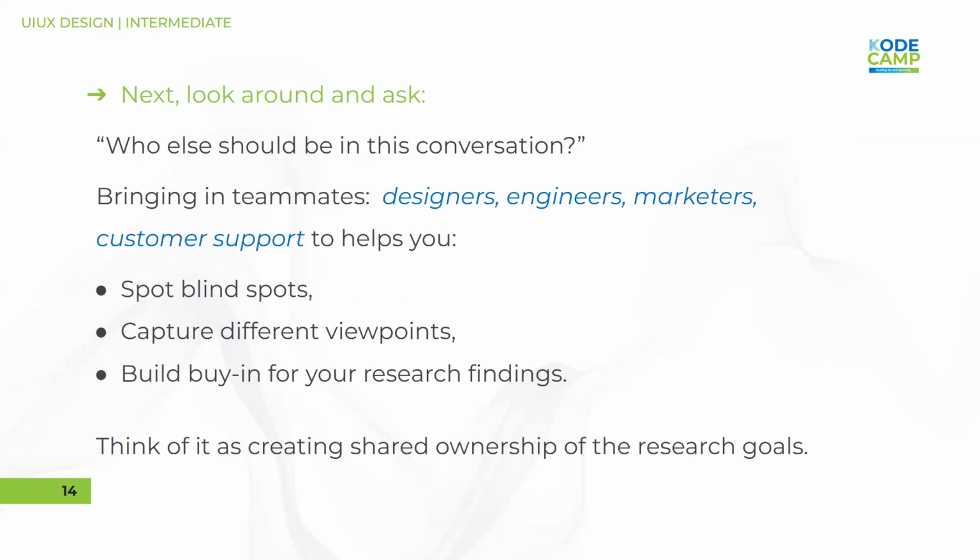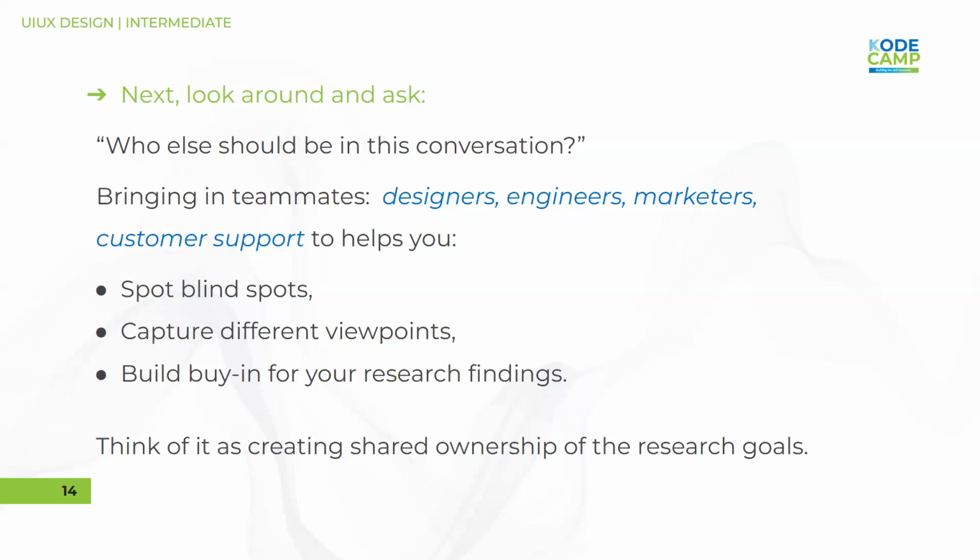So let's say you've clarified the decisions and then you've checked existing data. Now it's time to also plan fresh research. So before you do one-on-one, the smartest move to always take is to bring in the broader team. All right, so bring in the larger team.